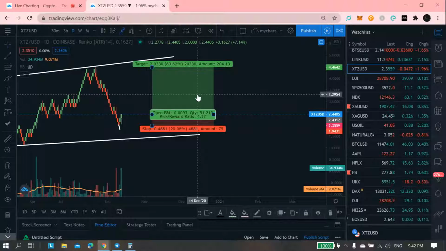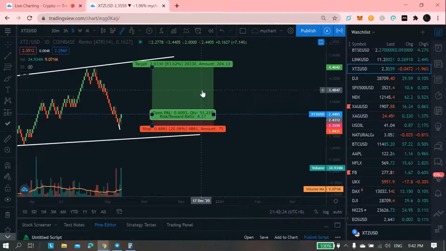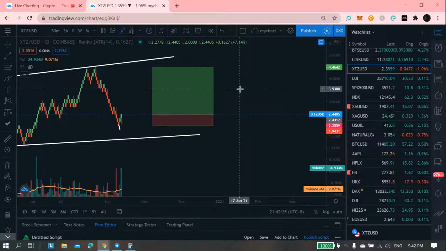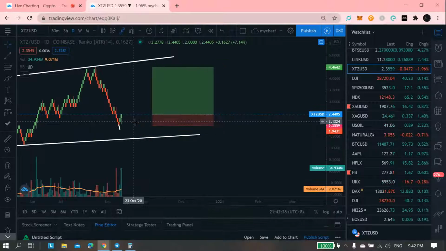If I got stopped out, of course my loss will be 20.08% using one times leverage. But currently now I'm happy with the unrealized ROE of around 700, based on my last look at my portfolio. So I'll just change the stop loss.